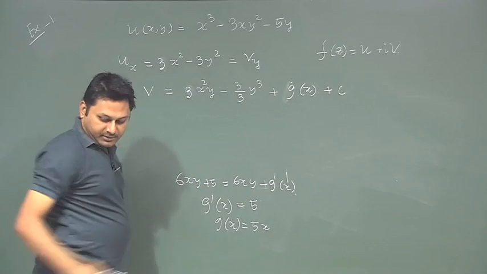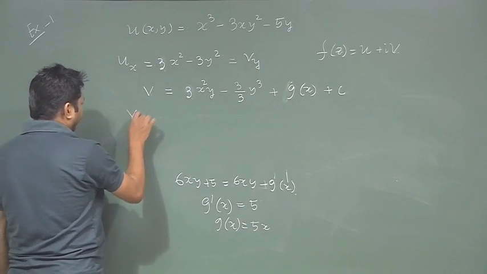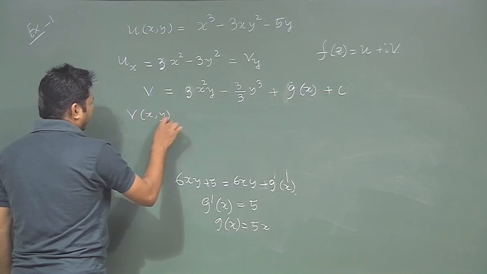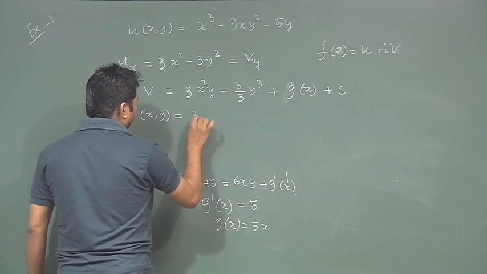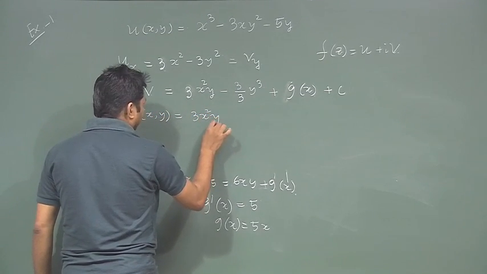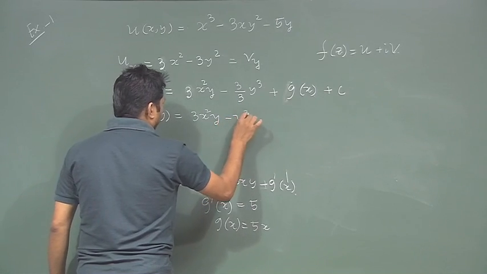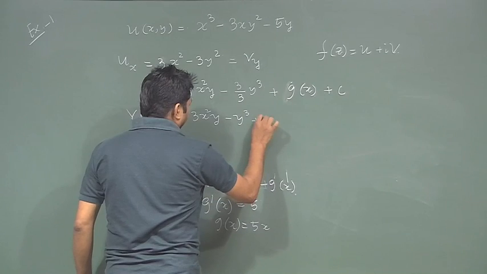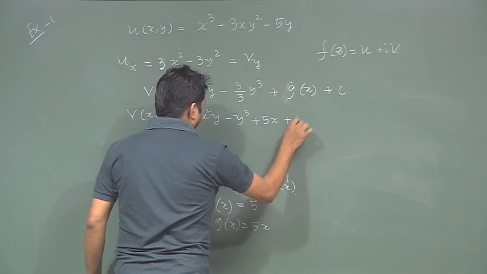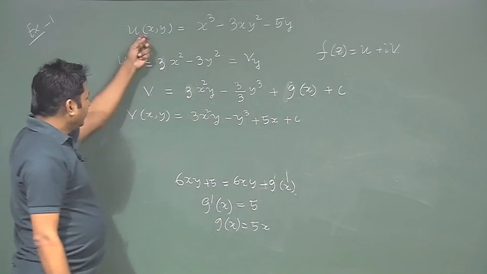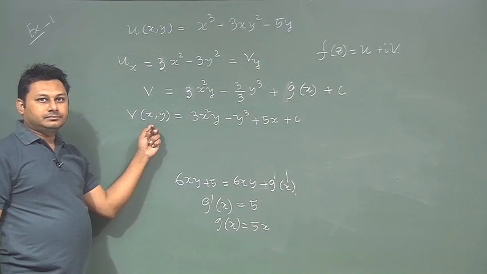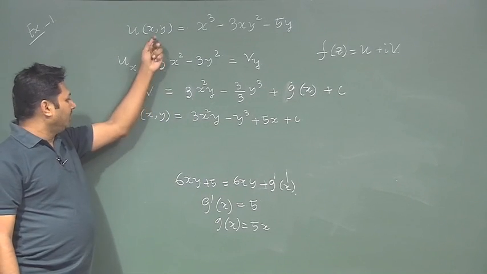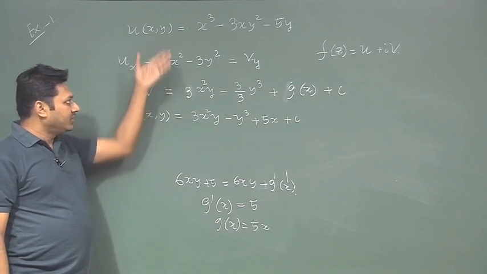So, my v finally, v(x,y), comes out to be 3x squared y minus y cube. g(x) I have now figured out, so it is 5x plus c, and u is already given. So, u and v I figure out separately.